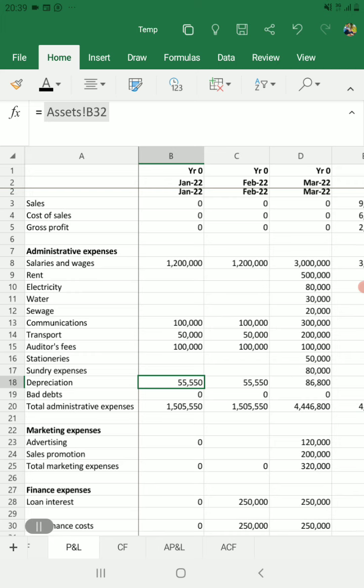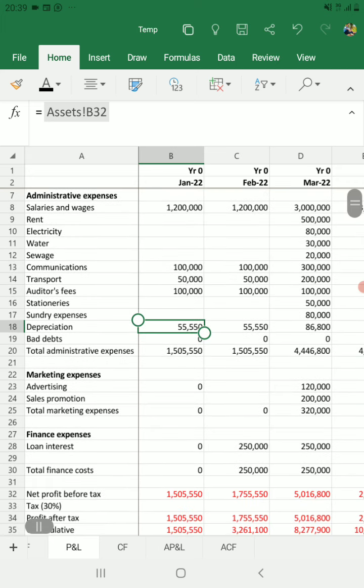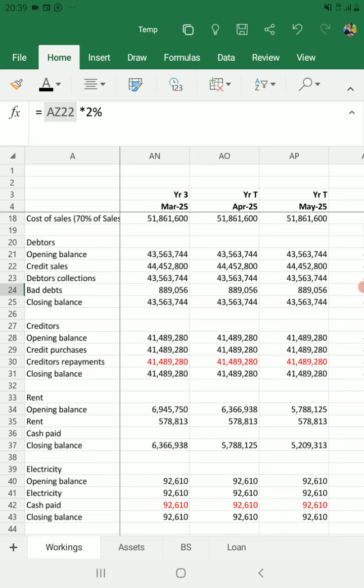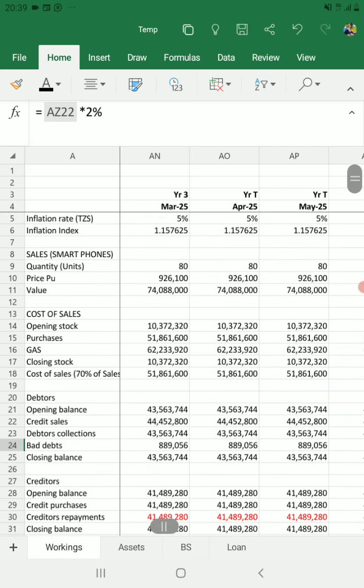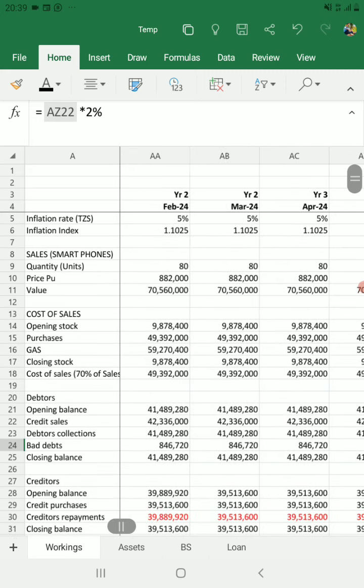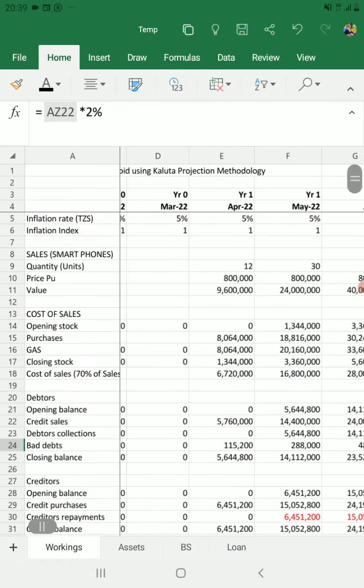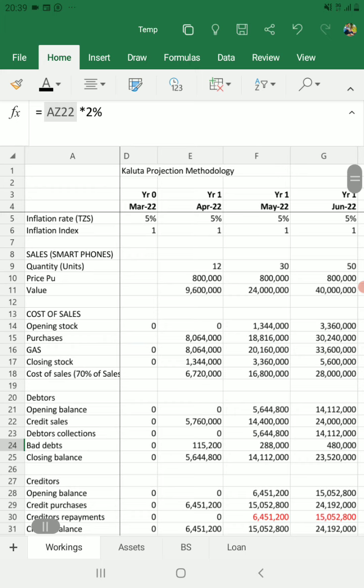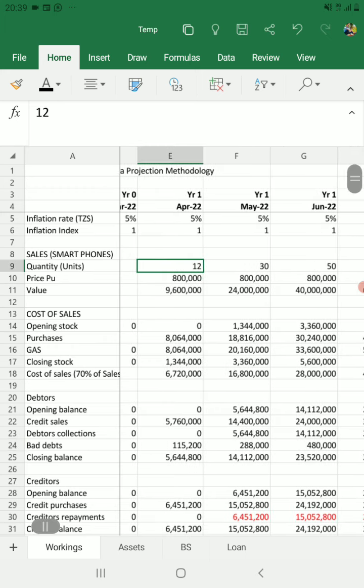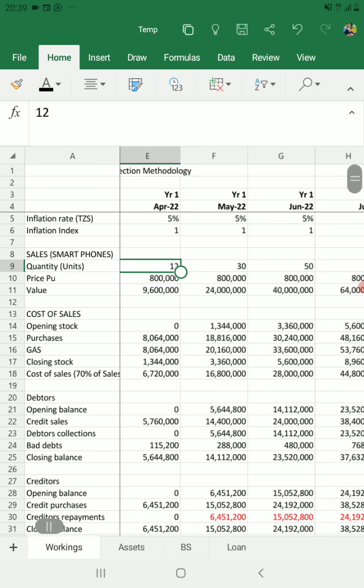So let us now assume, let's go to the working sheets here. Let us assume that our projected sales quantity was overestimated. Okay, so for the first month, in April, we say it's 12.